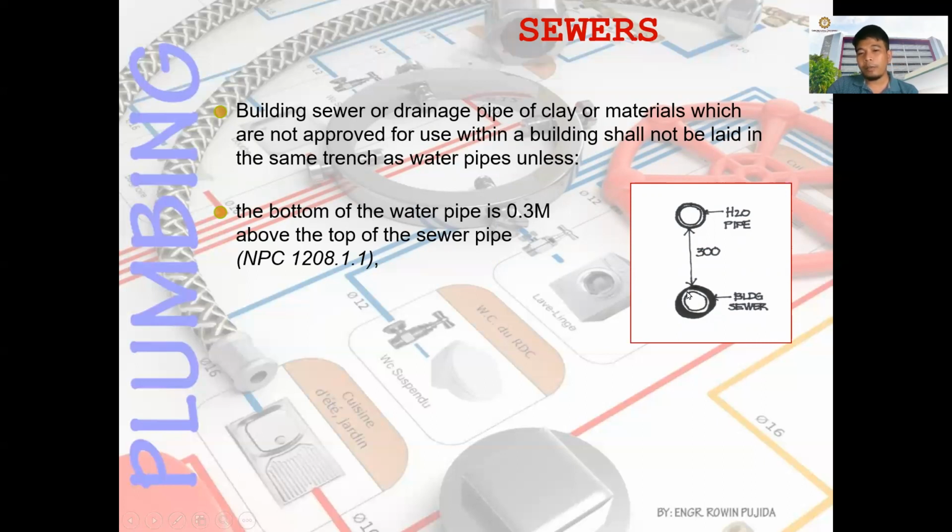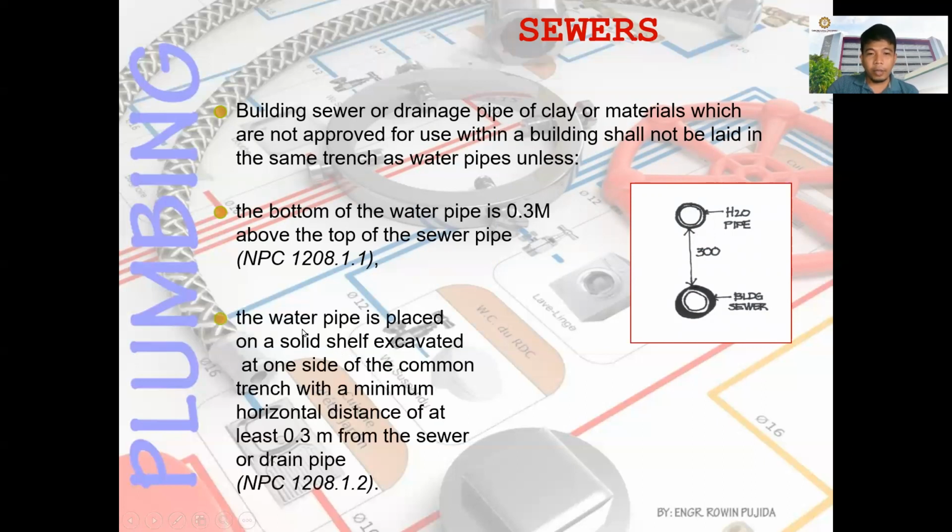Or maybe you can also have the building drain, okay, that is 0.3 meters in distance. So the water pipe is placed on a solid shelf excavated at one side of the common trench with a minimum horizontal distance of at least 0.3 meters from the sewer or drain pipe.